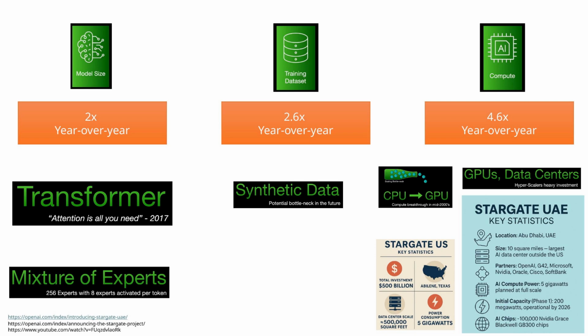Under compute, large-scale infrastructure projects like Stargate in the US and UAE, with over $500 billion invested, are rapidly increasing available compute power for AI. The momentum of innovations in model architecture, synthetic data, and compute infrastructure is expected to continue. This could drive exponential growth of AI factors, unlocking even more powerful models in the future.